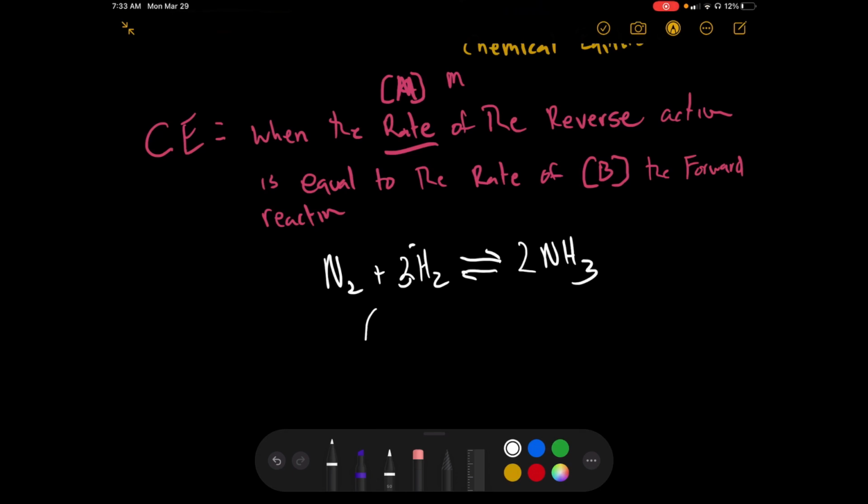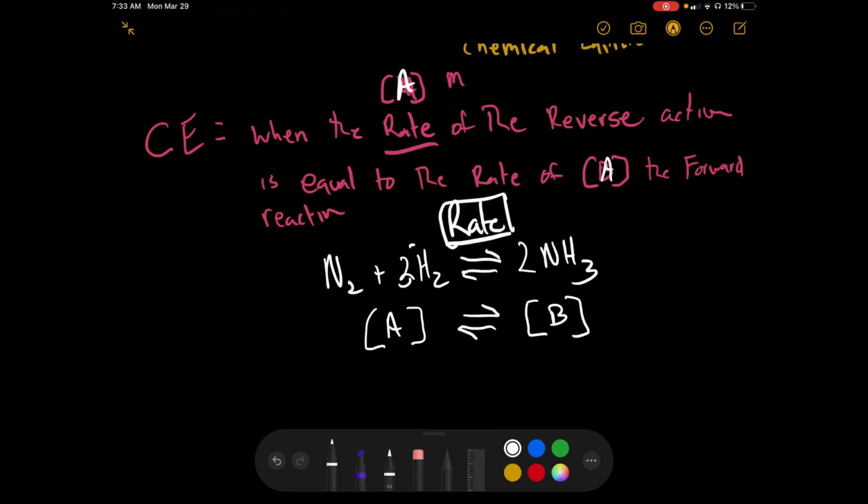Okay, so we have this process where the rate of this process is going to be moving as fast as the rate of concentration of this reverse reaction.